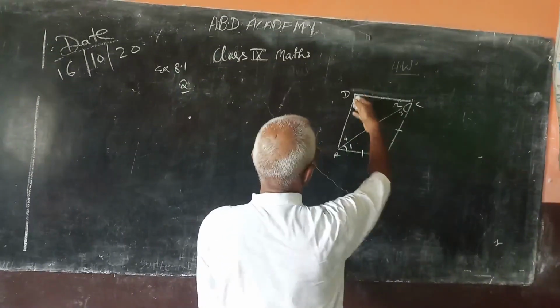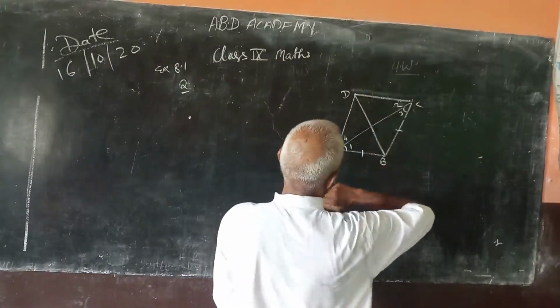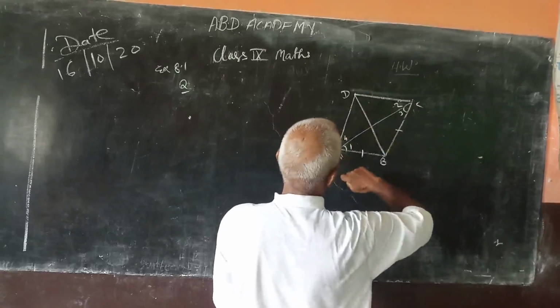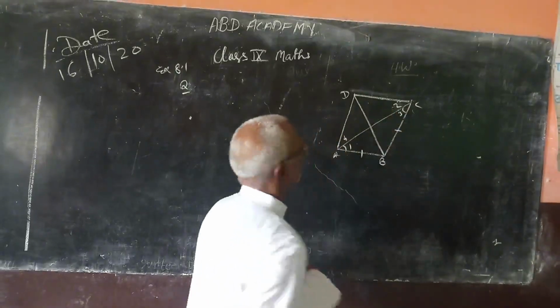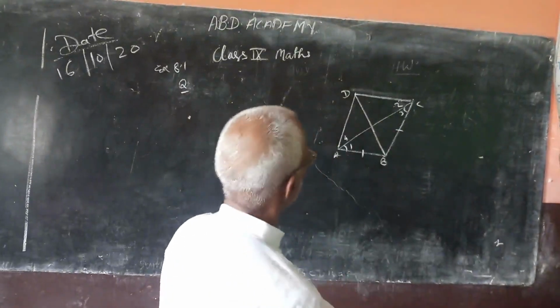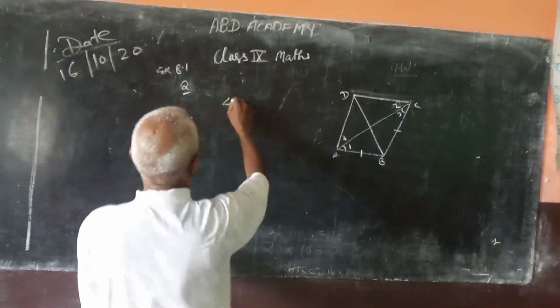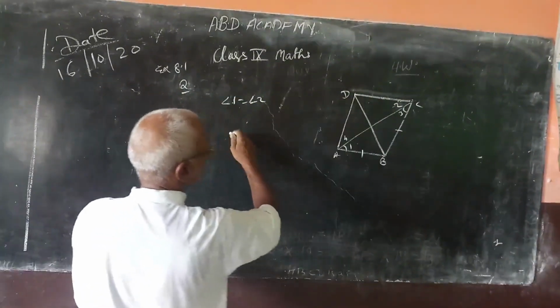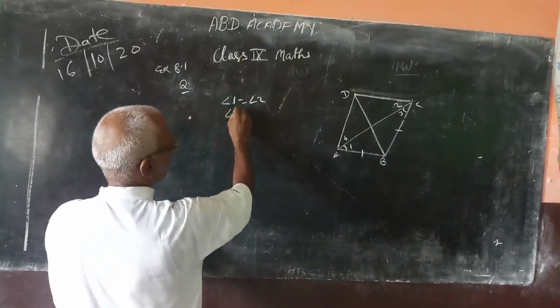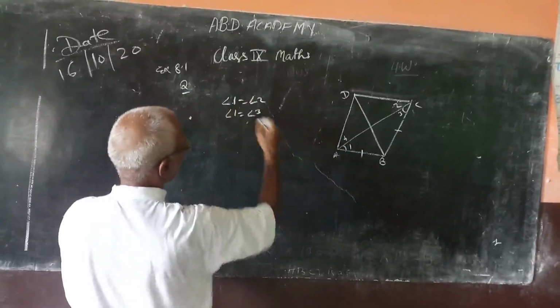Here also AD is equal to DC, so these two are also equal. 4 and 2 are equal, but 1 and 2 are equal because a rhombus is a parallelogram. Angle 1 is equal to angle 2, and angle 1 is equal to angle 3.